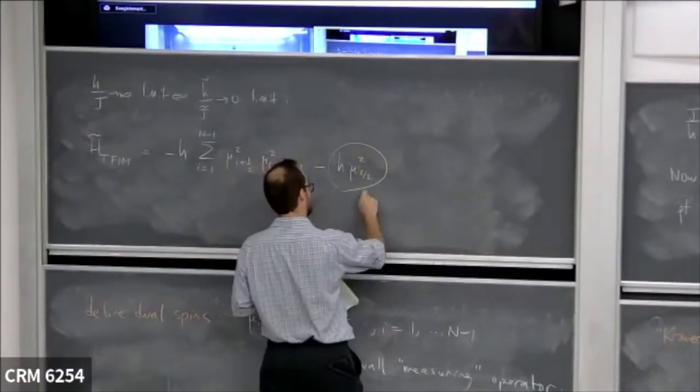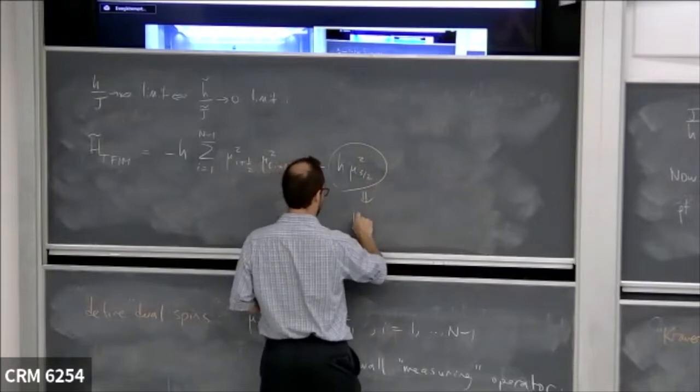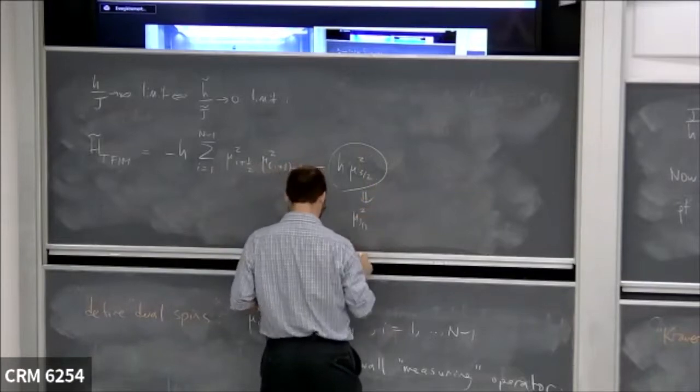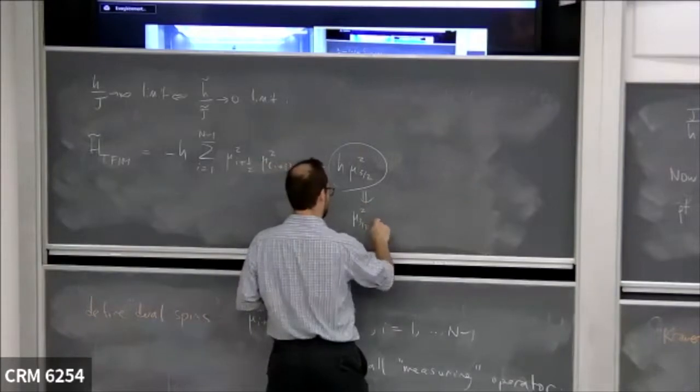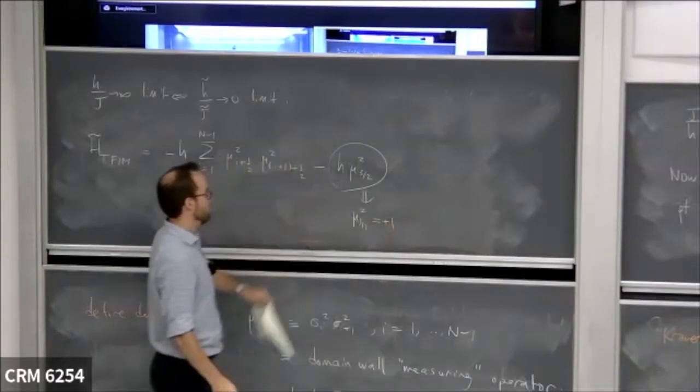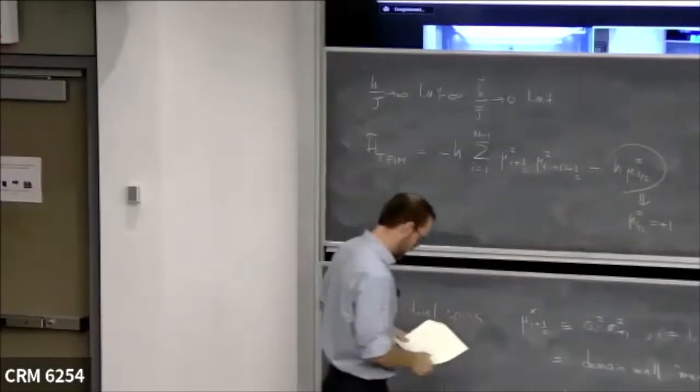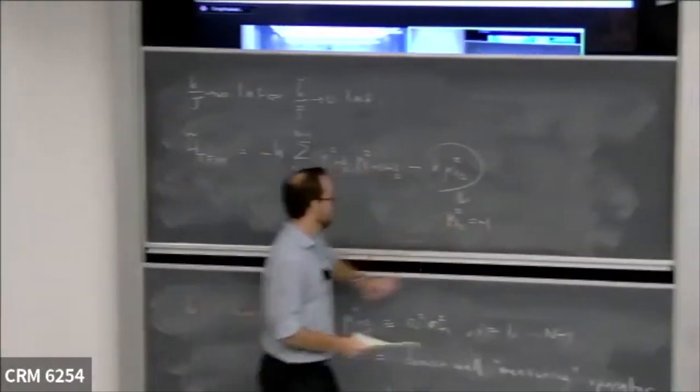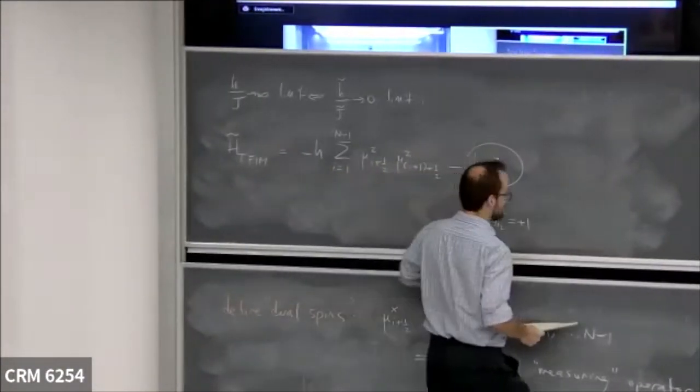we can minimize this one. Obviously, this 3/2 site wants to be in the +1 direction because of this Zeeman term. So this one is set, and then let's look at the remaining terms.